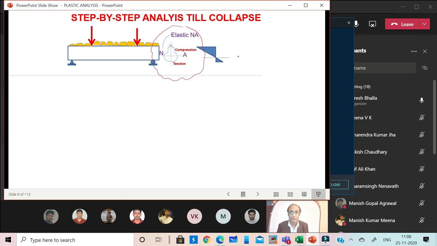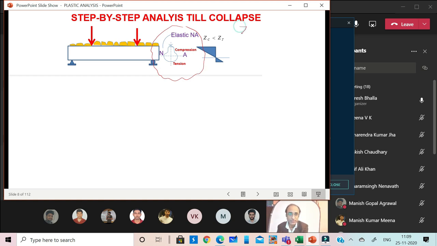Because the neutral axis is towards the downside, the topmost compression stresses are higher than the bottommost tensile stress. That means the limit will be reached first on the compression face, that is the top face. In other words, Z of the compression side is lower than Z of the tension side.